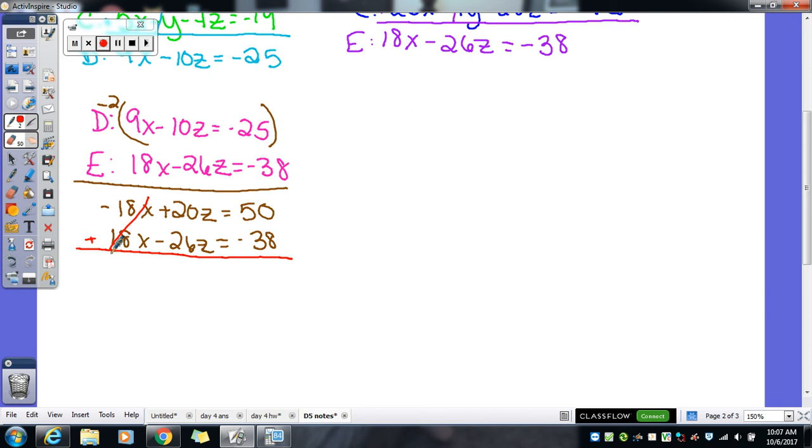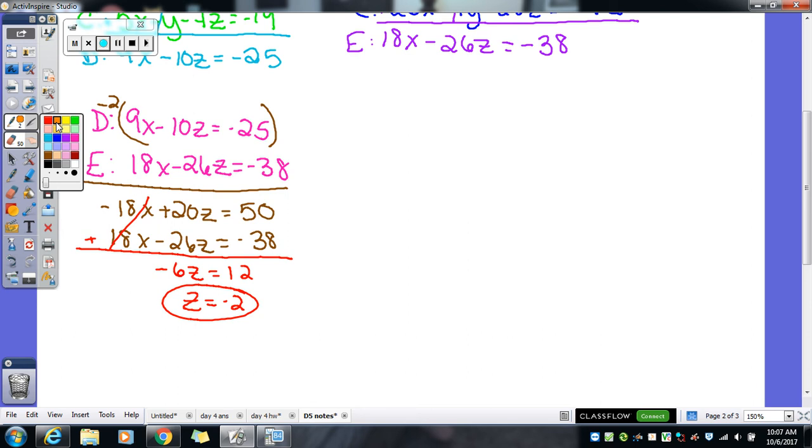So then when I go to add them, my x's cancel like I wanted. I would have a negative 6z equals 12. So then divide by 6, what do we get for our z? Z equals negative 2. Negative 6. I may have accidentally said 6, but I meant negative 6.